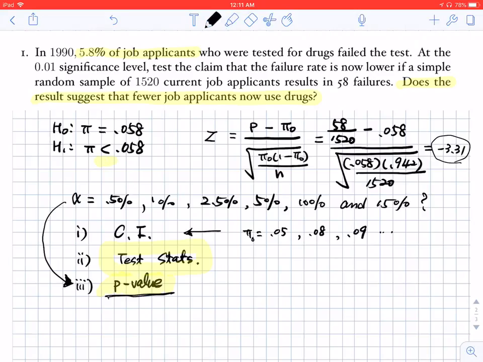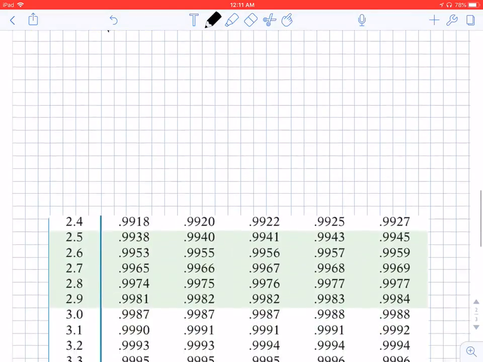So we look at the negative value, and the tail side of negative 3.31 is necessary to calculate, and we go to the Z table.